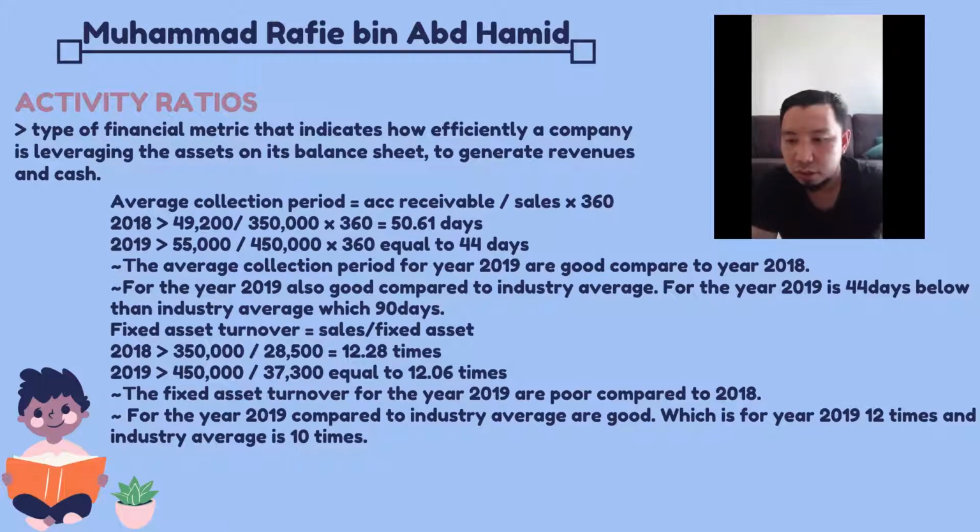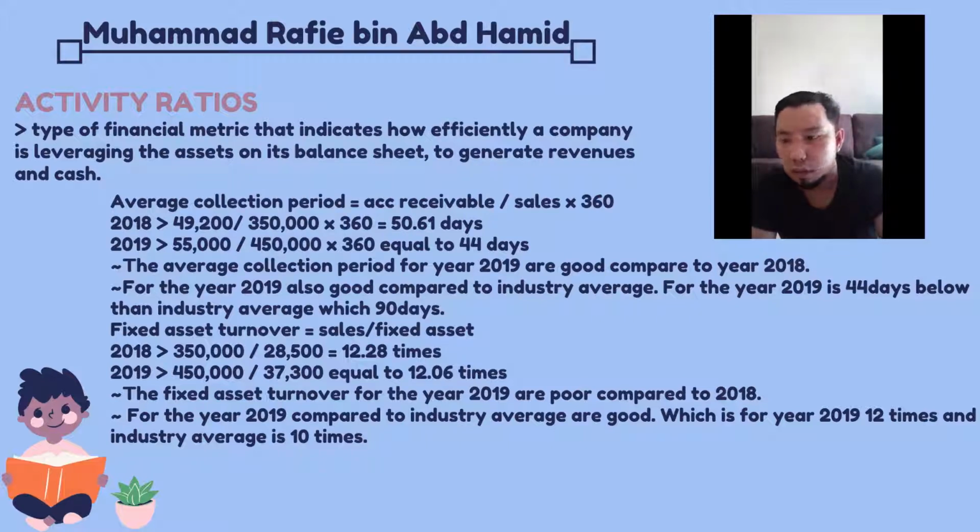The third one, account receivable turnover, is sales divided by account receivable. The fourth one, fixed asset turnover, is sales divided by net fixed assets. And the last one, total asset turnover, is sales divided by total assets.